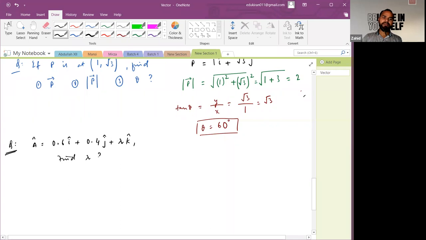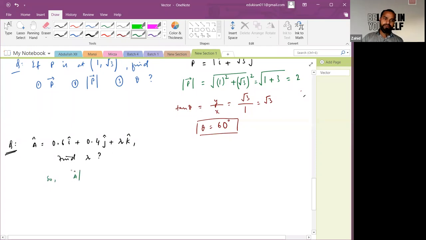Find lambda in this. So how to define it? In this expression, we have A cap. It means A is nothing but a unit vector. And I had defined earlier, a unit vector is nothing but a vector having unit magnitude, or having magnitude as 1.